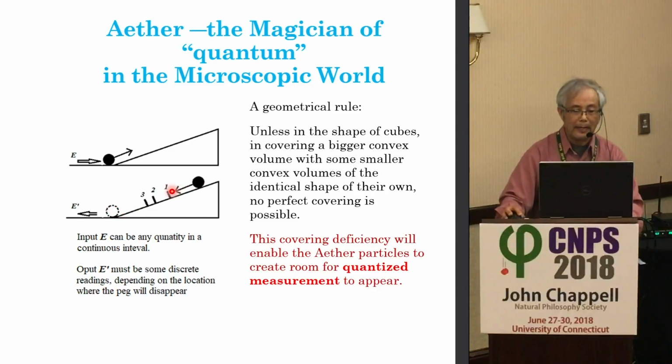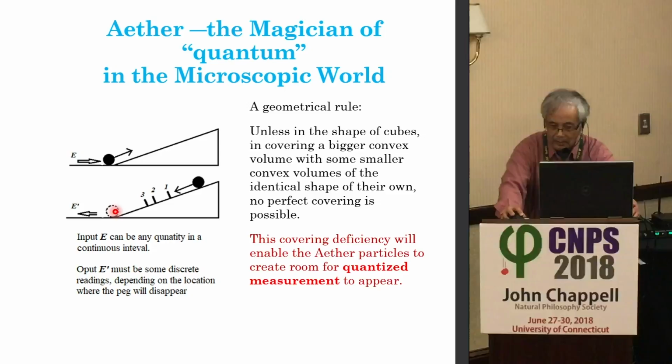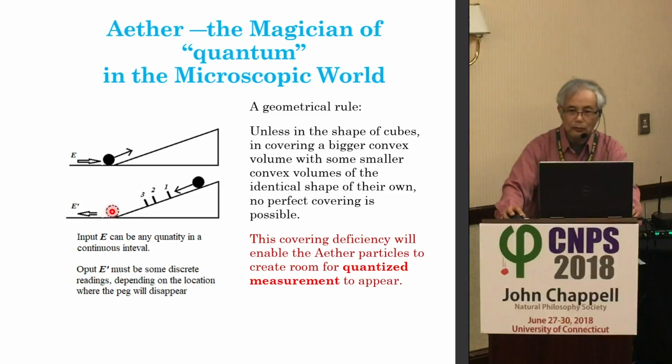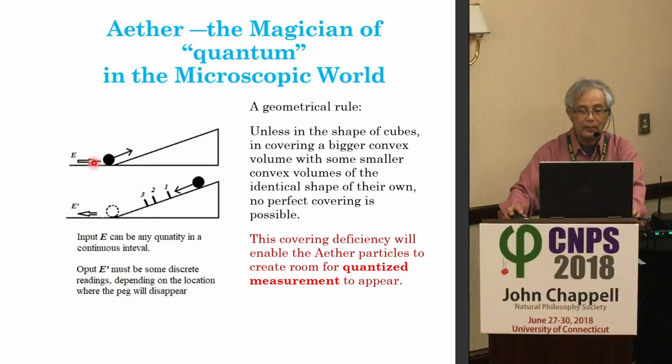Next time when it rolls back, suppose peg 1 is not there, but only peg 2 retains the ball. When 2 and 3 disappear at the same time, the energy at the bottom of the slope will be measured with another fixed value. The same happens with peg 3. That's how continuous energy going up can come back with discrete values.